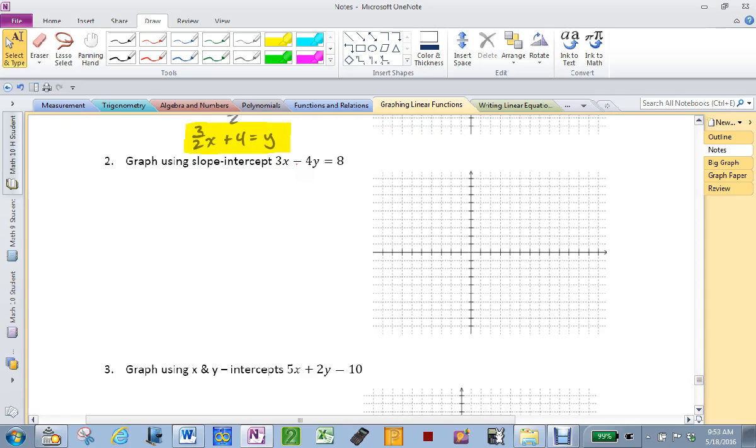This is something different. That looks like general form, doesn't it? But this is something we call standard form.